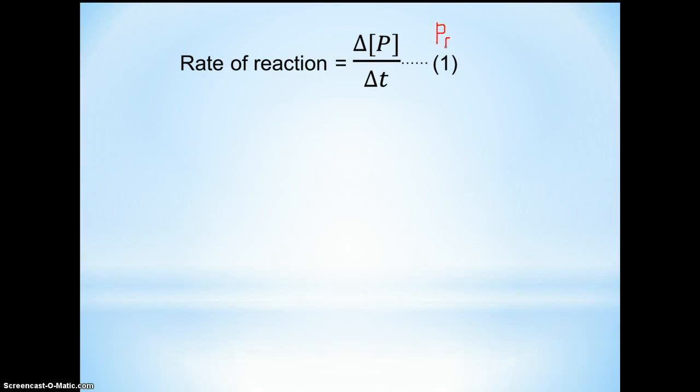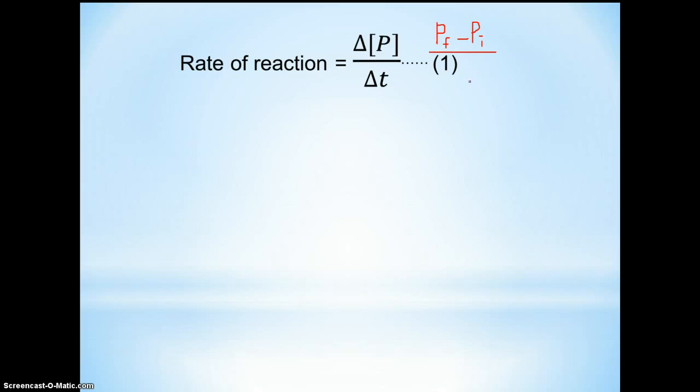So let's look at the following equation. This equation shows the change of the concentration of product over the change of time. Let me explain a little bit about the change here. Change usually means the final state minus the initial state. Say, it's the concentration of the final state minus the concentration at the initial state.